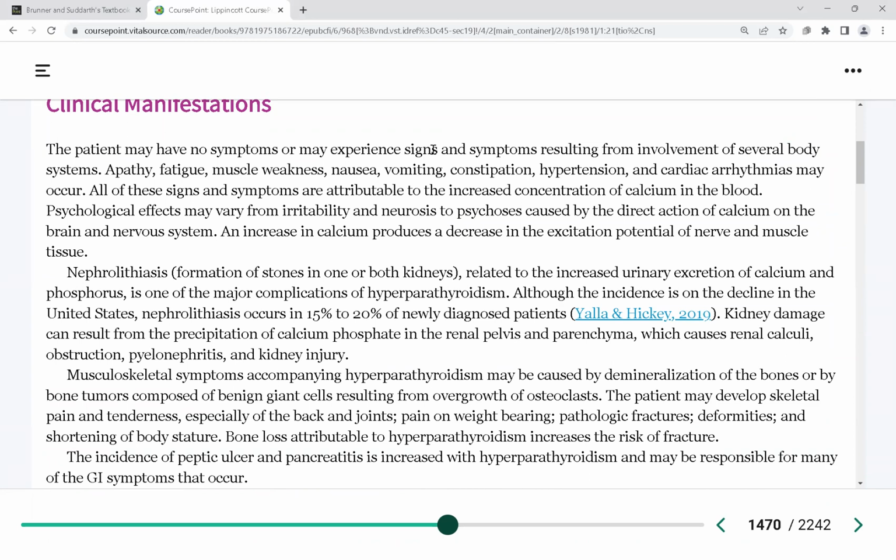Our bones. It came from the bones and the teeth. So therefore, the high levels of parathyroid hormones cause the breakdown of calcium from the bones and the teeth. That's how it raises serum calcium. So it takes calcium from the bones and from the teeth, puts them into the bloodstream. Okay, and here are the resulting manifestations.